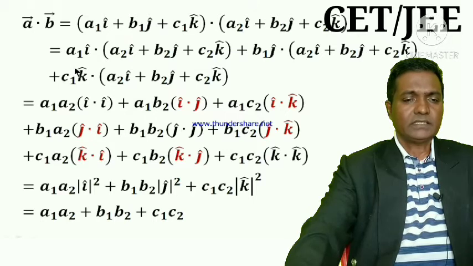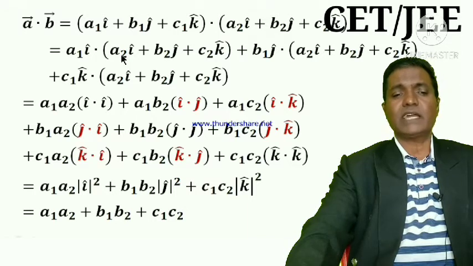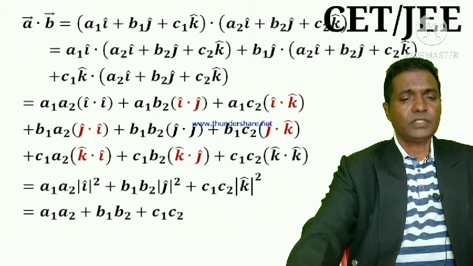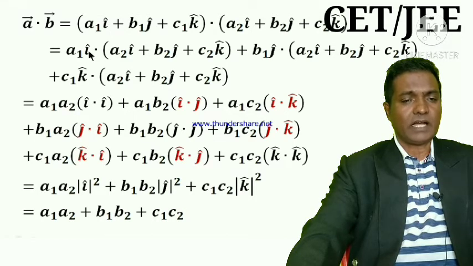Now see here, the dot product of this and this: A1 and A2 are constants, scalars, meaning they are like lambdas. So according to the previous second property, you can keep A1, A2 as constants fixed. Then you can just find the dot product of i dot i. Similarly, A1, B2 are constants, you can write i dot j.